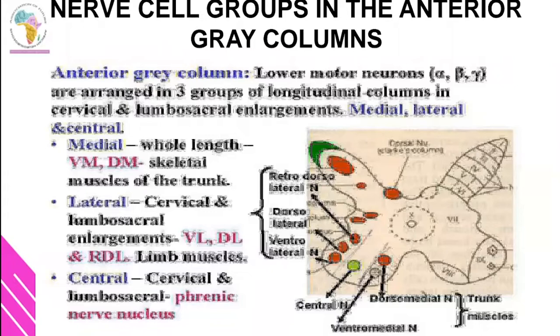Now we find that the central group of neurons are actually located in the cervical and the lumbosacral region, of which we know that the phrenic nuclei, which is located between C3 and C5, supplies the diaphragm, meaning it plays a role in what?